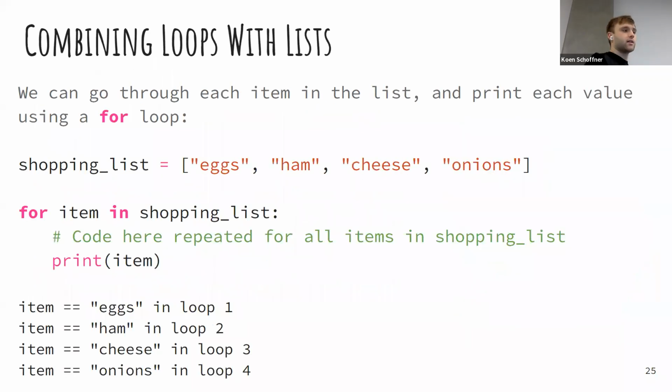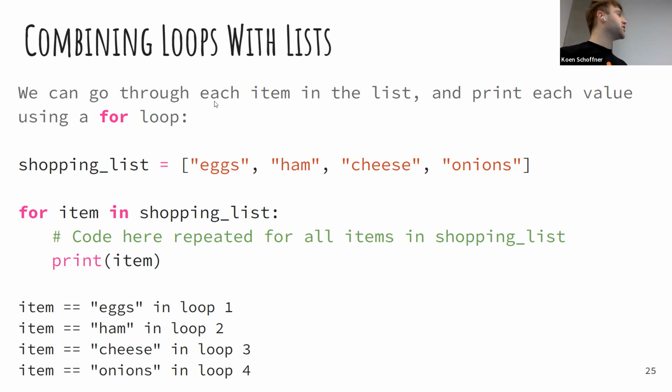So you can combine loops with lists, and this is what I was talking about. This for loop that we have here is one type of loop. There are other types. Another popular one is while loops, but we're going to focus on the for loop today. The for loop in this case is iterating through each element of the list.